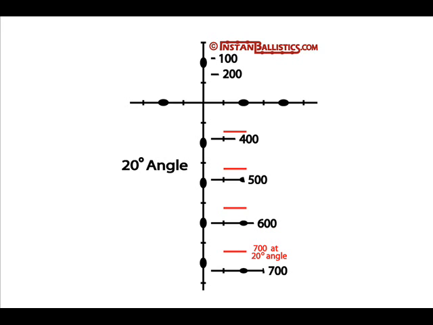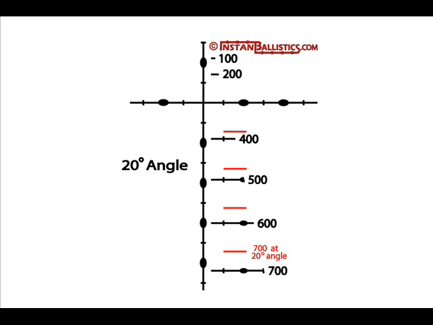Okay, so I've changed the lines now. They represent a 20-degree angle at each yardage, and you can see that that has really brought the lines closer to your standard marker for each distance.